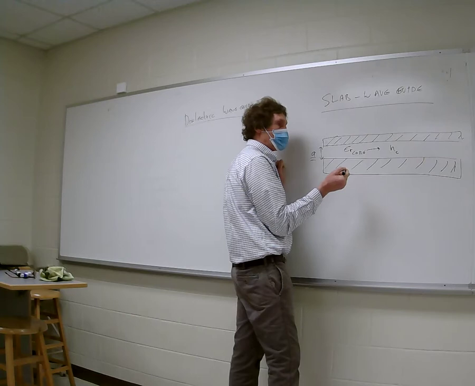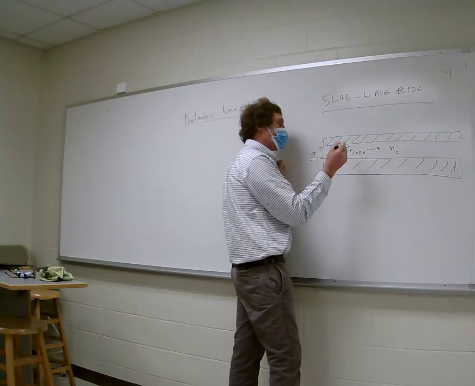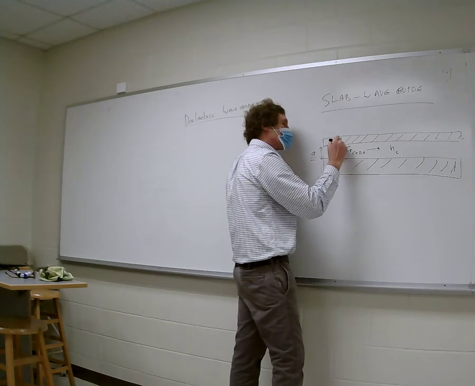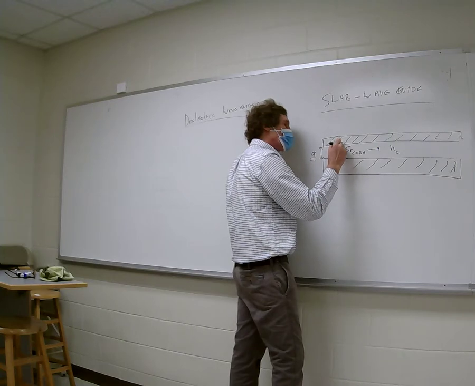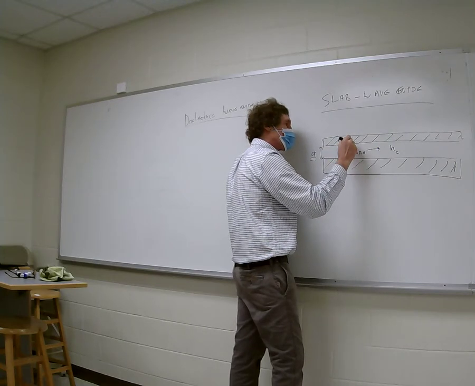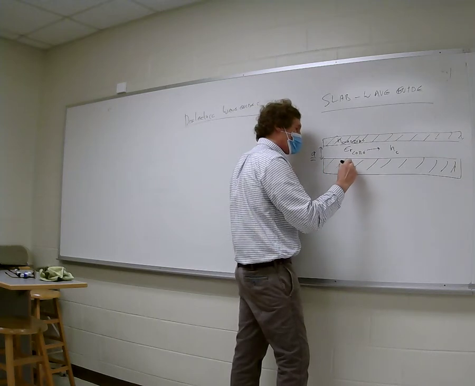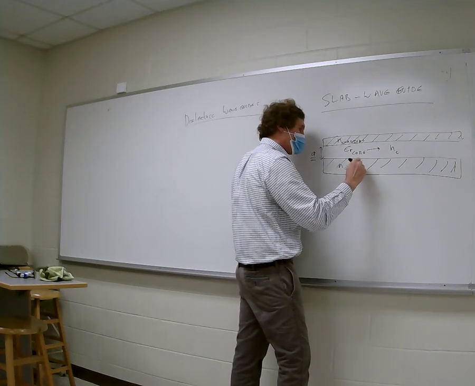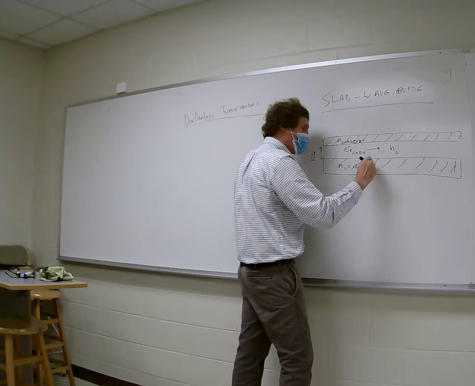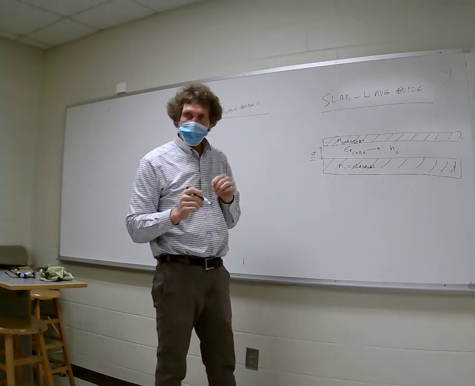Actually, for fiber optic guides, it's called a fiber. Out over here, we're going to have some index of refraction, and you can call this the cladding, but it doesn't matter what the term is. This is going to be a little different from the book.